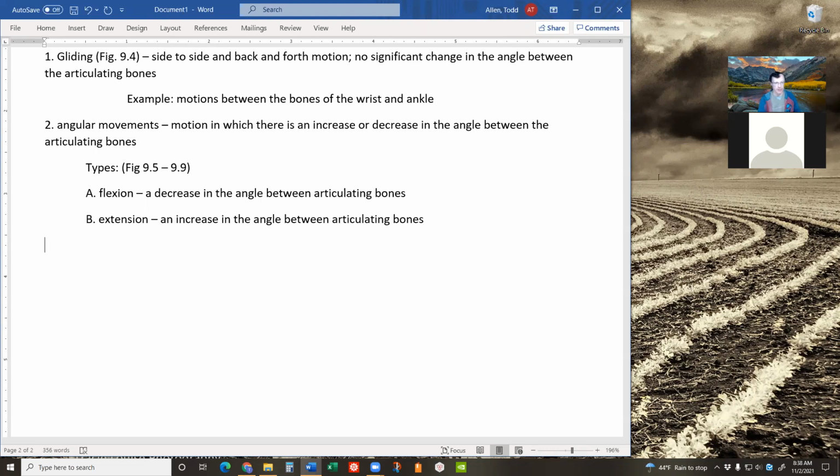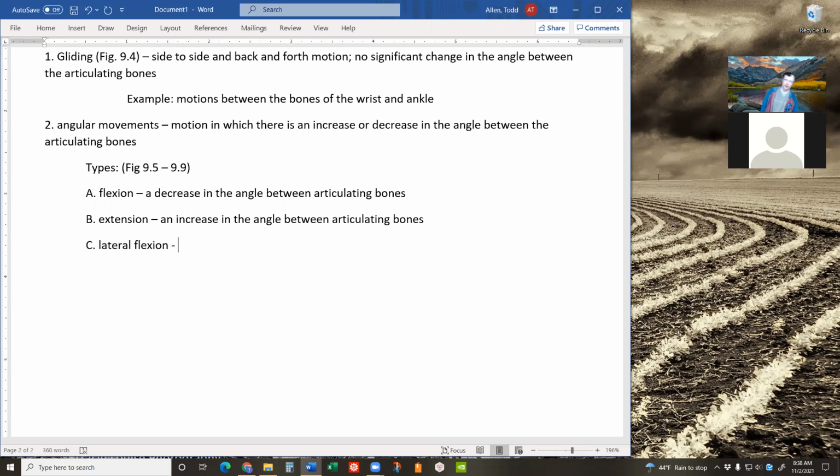Many other terms. We have lateral flexion. Lateral flexion refers to movement of the trunk sideways from right to left at the waist. If I'm doing that for you, this is lateral flexion.